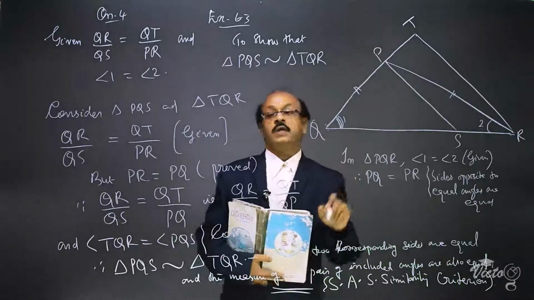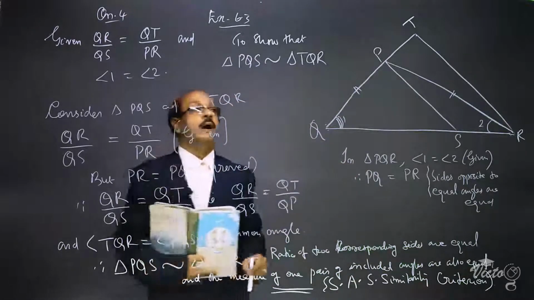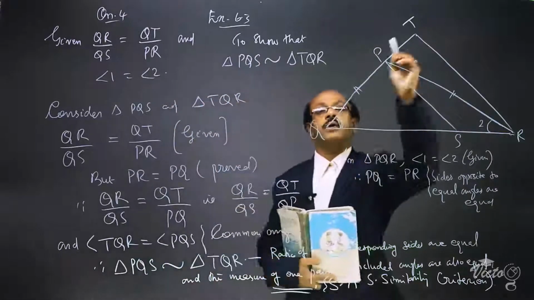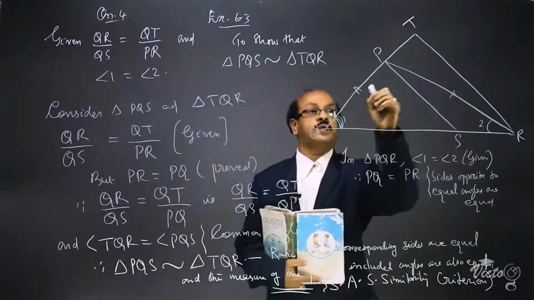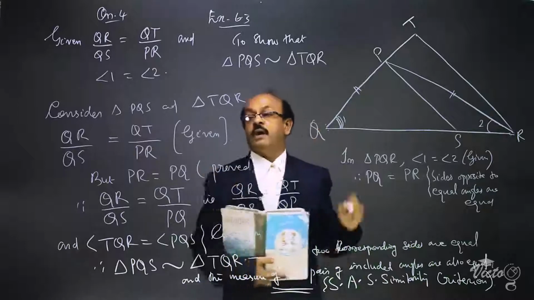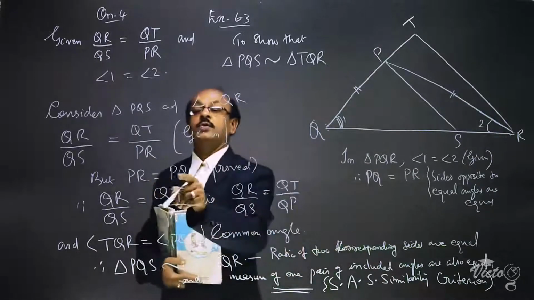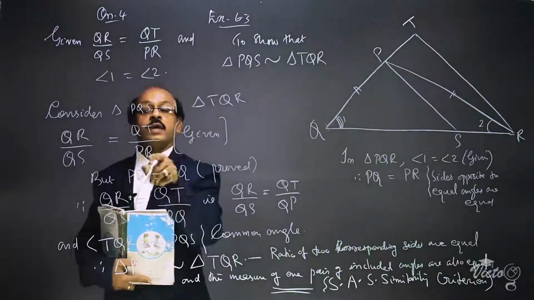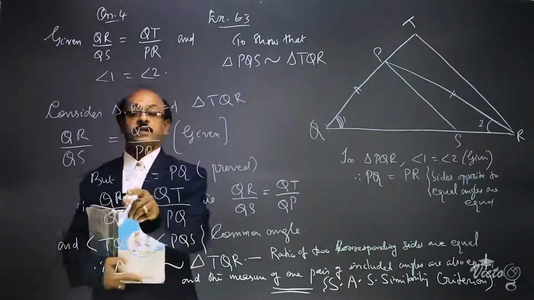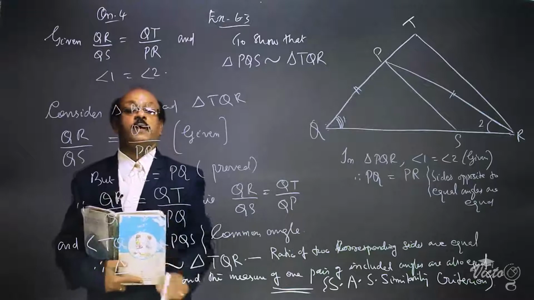But we have already proved that PR is equal to PQ. Therefore, we can write PQ instead of PR. That means QR by QS is equal to QT by PQ.